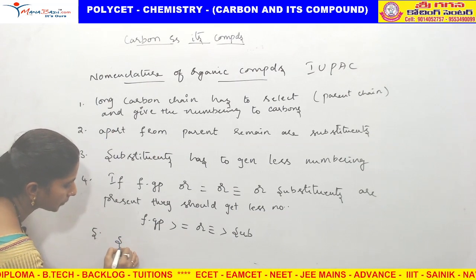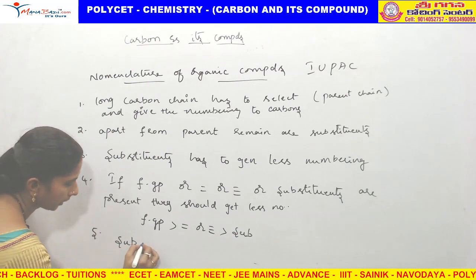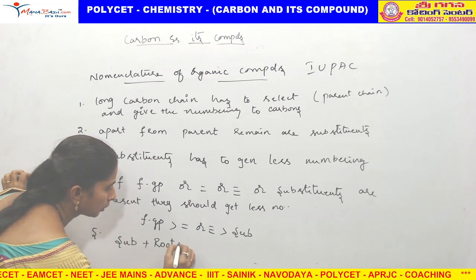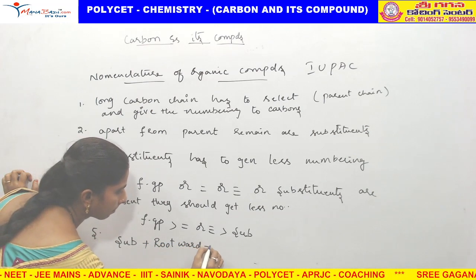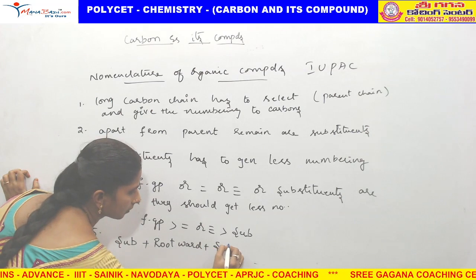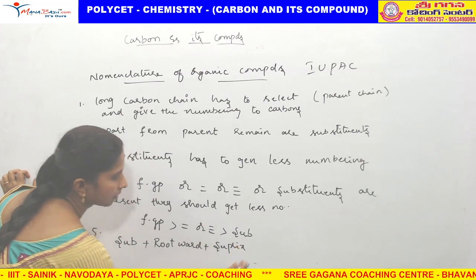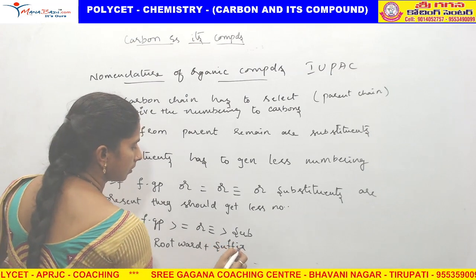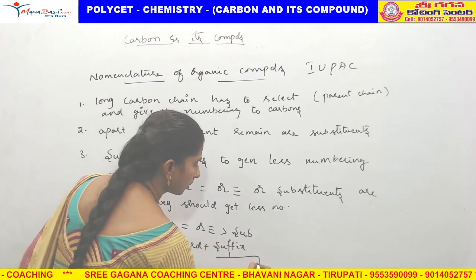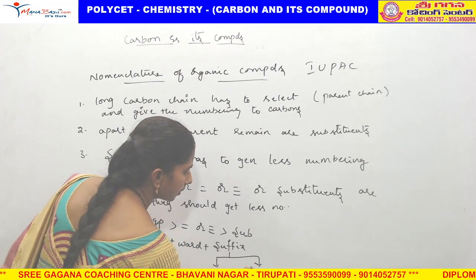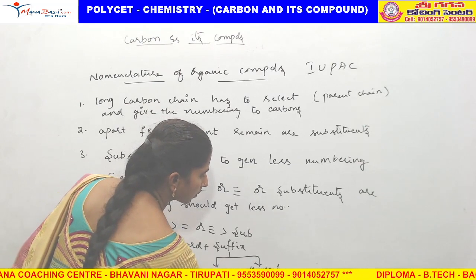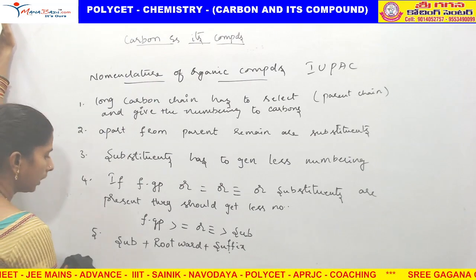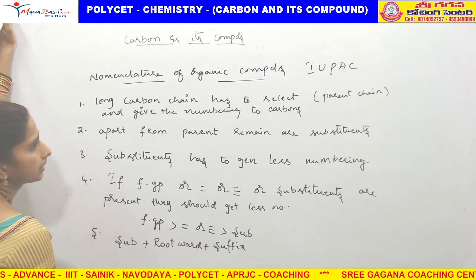Write the name based on prefix, which means the substituent name, plus root word, plus suffix. These suffixes are of two types. One is the name of the functional group. These are the rules of IUPAC nomenclature. Now we are going to see the examples.